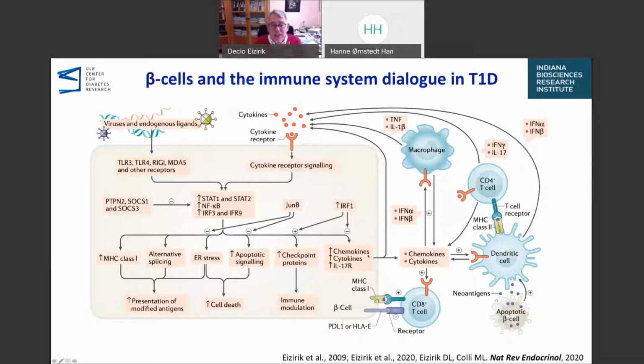The next stage in this response is what we call the effector phase, where you will have both upregulation of MHC class 1, alternative splicing, and endoplasmic reticulum stress, which may lead to presentation of modified antigens in the context of both MHC class 1, and, if the dying beta cells are phagocytosed by dendritic cells, in the context of MHC class 2.